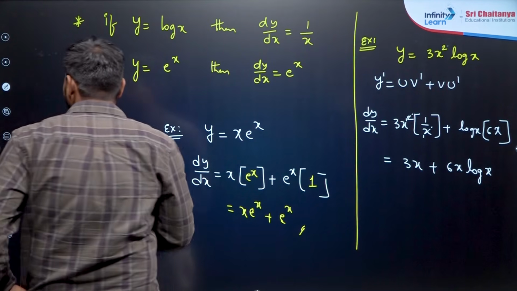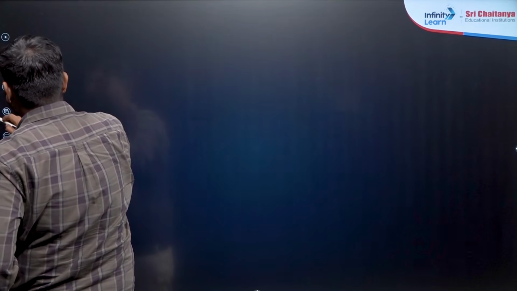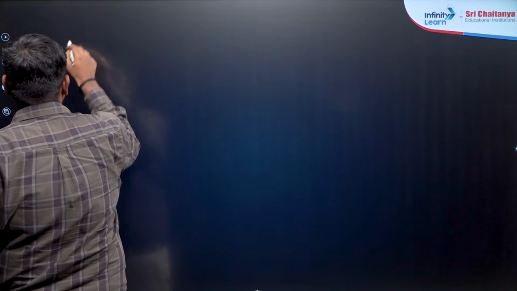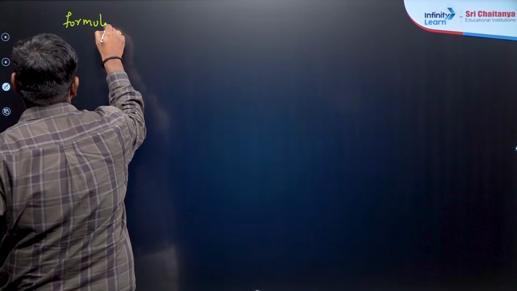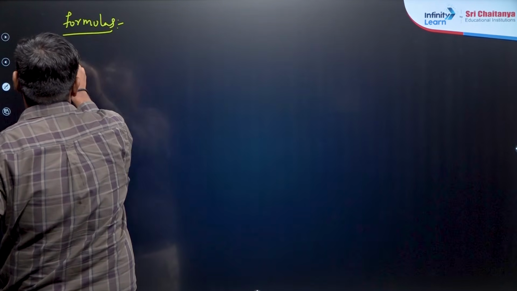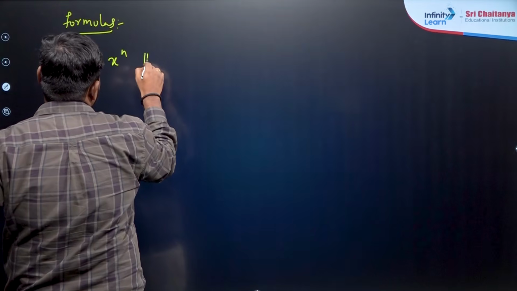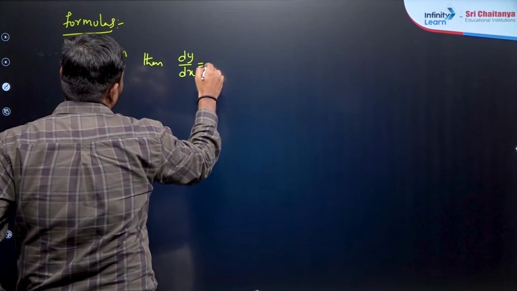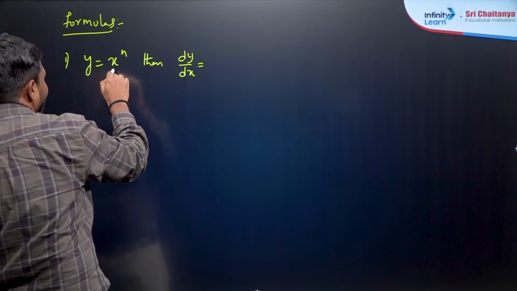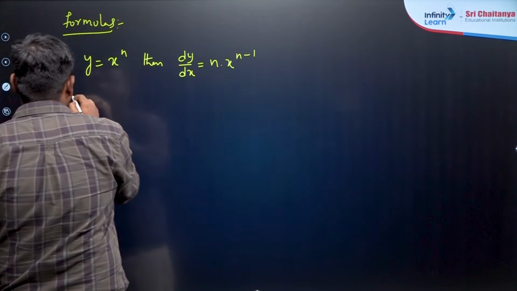So for you, I'll do one more thing, sir. I'll try to write whatever we have discussed so far, all formulas in one sheet, so that it will be very helpful for you. So please read and write, sir, whatever we are writing. So try to understand. x power n, multiply the power, subtract 1 from the power.